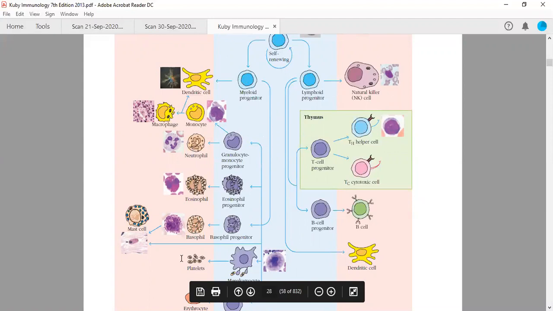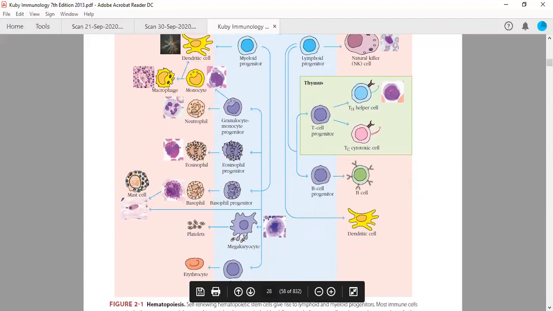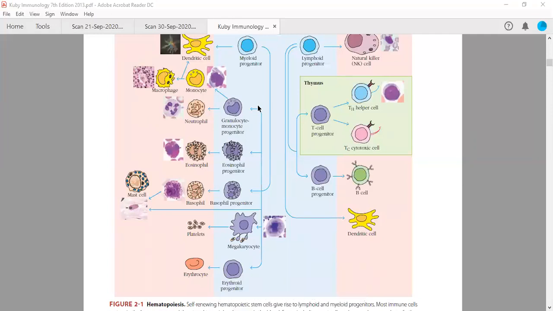Myeloid progenitor will give rise to the megakaryocytes. These megakaryocytes will give rise to the platelets, which are not complete cells but cell fragments, and red blood cells, which are called erythrocytes. Not only this, they can also give rise to some other cells which are called monocytes.